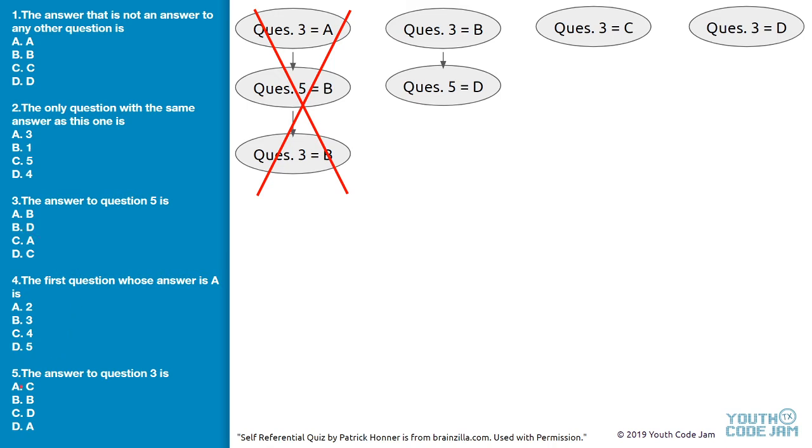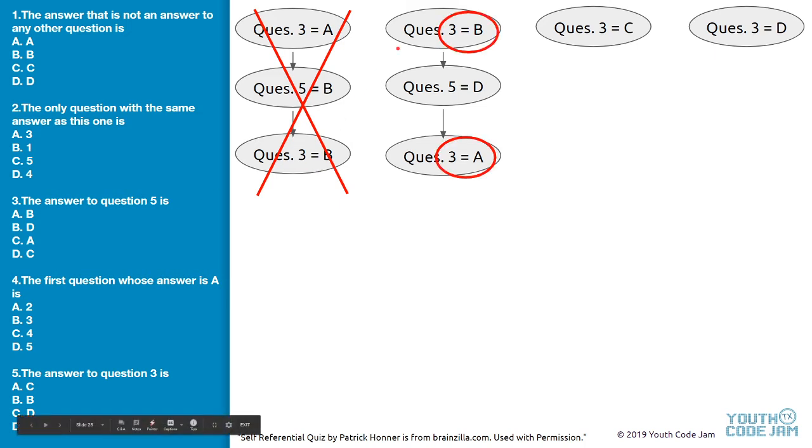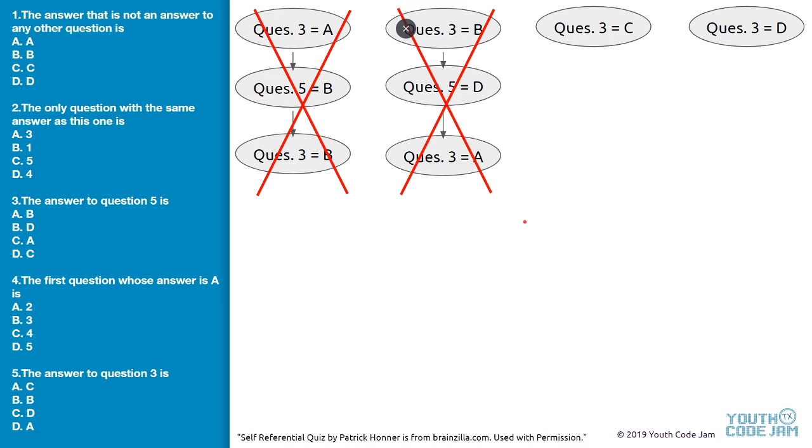And if the answer to question 5 is D, then the answer to question 3 must be A. Now we hit another contradiction. The answer to question 3 can't be B and A at the same time, kind of like last time. So we know that there's some faulty logic here. This can't be our answer, so let's just cross that right out.